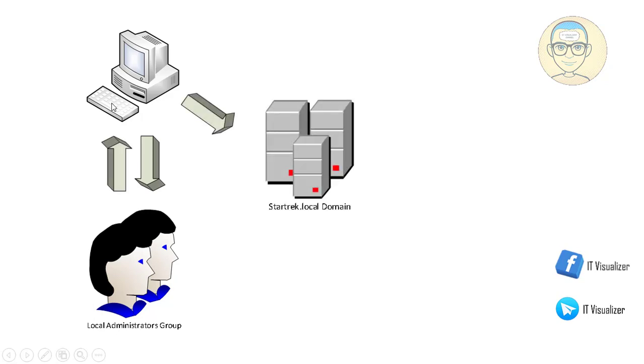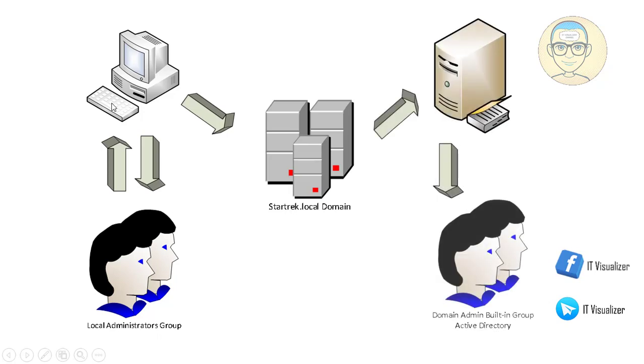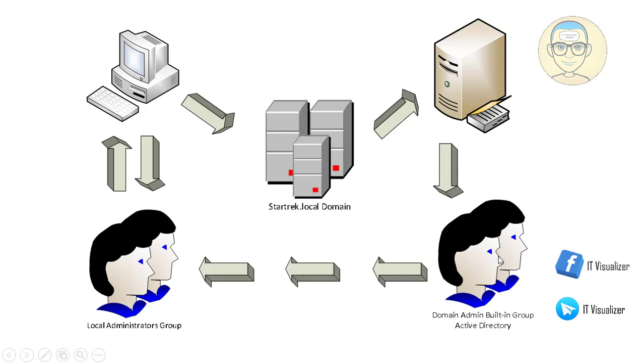What if we have joined this PC to the domain? In this domain, we can see that we have something called domain admins. We have put my IT group from a couple of seconds ago to be a member of this group. So take a look. By default the domain admins will be a member of every local administrators group on every machine in the domain.